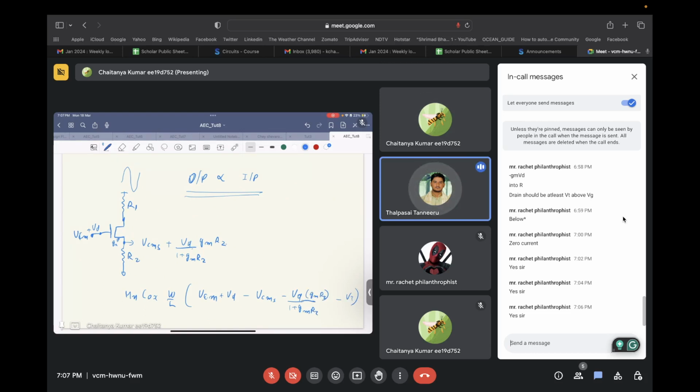Sir, in this equation VD gets cancelled, so VD by 1 plus GMR2. Correct.